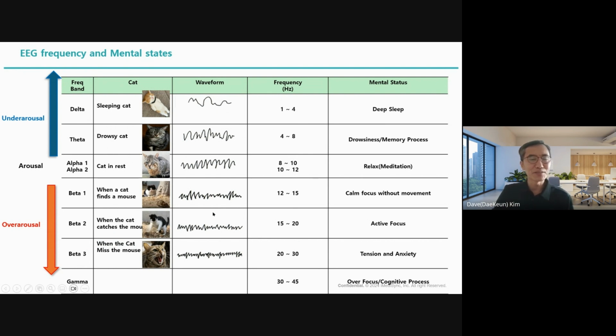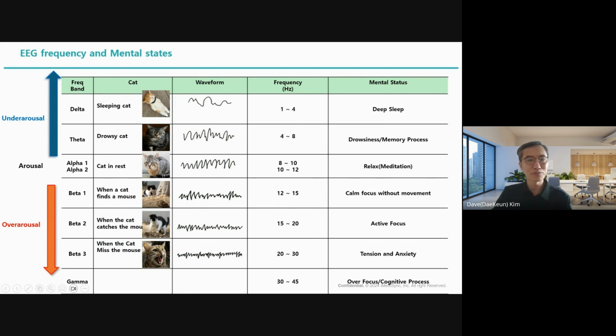cat analogy for explaining EEG frequency and mental status. This is the cat at rest, in the alpha frequency. When the cat is drowsy, the frequency is theta and eventually delta. In the other direction, the cat finds a mouse, breathing very slowly with no motion.